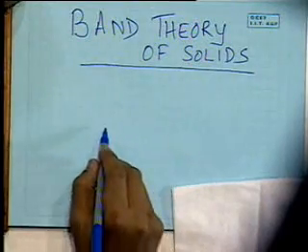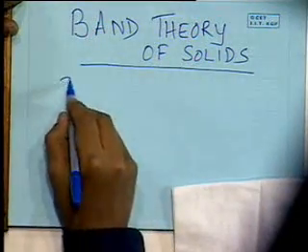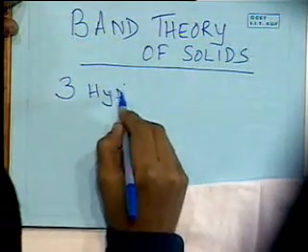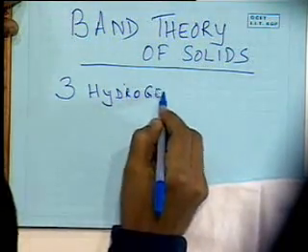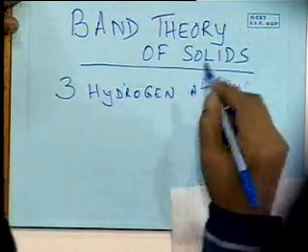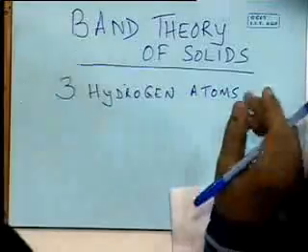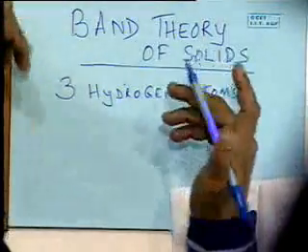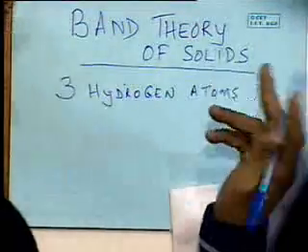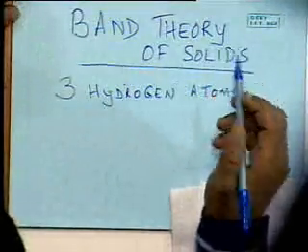We begin by looking at 3 hydrogen atoms. We know the picture when we had 2 hydrogen atoms. As they were far apart, they had their 1s orbitals. When they came closer together, one formed a bonding orbital and an anti-bonding orbital, and then the 2 electrons went into the bonding orbital, thereby producing the hydrogen molecule.